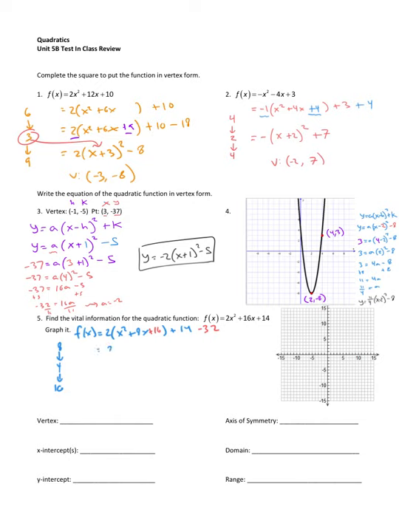That gets me equals 2 times x plus 4 squared minus 18. Yeah, minus 18. And so then I can see my vertex here is negative 4, negative 18. And my x-intercepts I don't have yet, but my axis of symmetry is x equals negative 4.